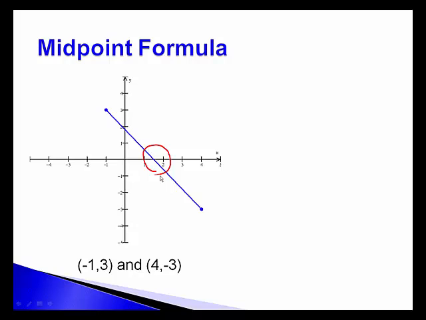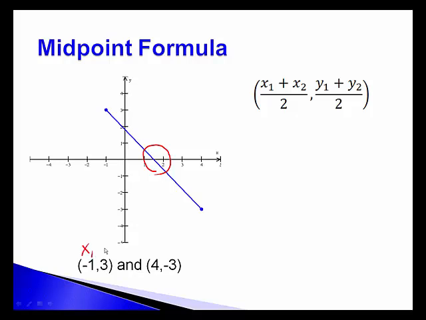It would help us to have a formula to do that, and here it is. It is (x1 plus x2 divided by 2, comma, y sub 1 plus y sub 2 divided by 2). Another way you can remember that is that it's the average of the x values and the average of the y values. Let's once again label our points.